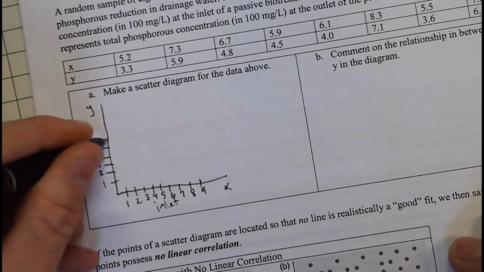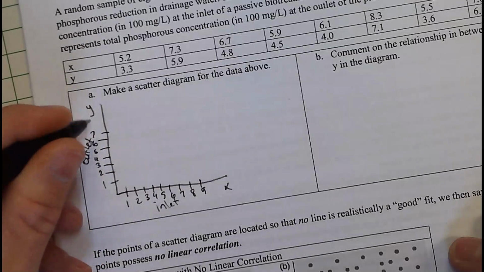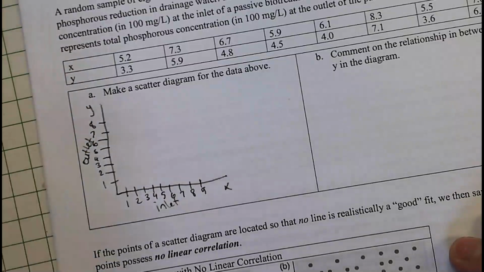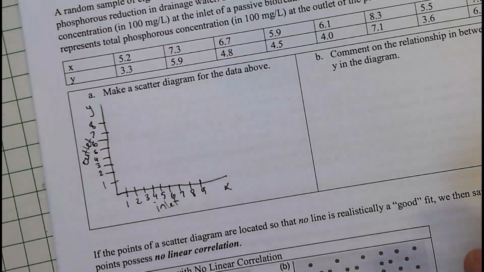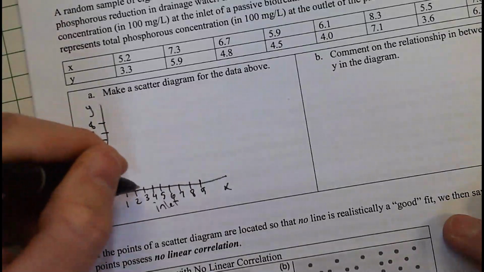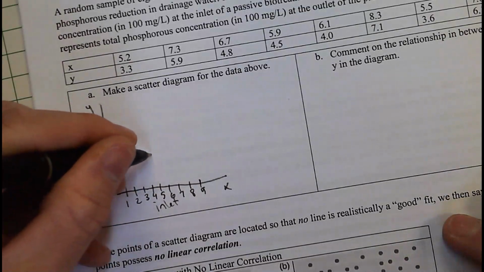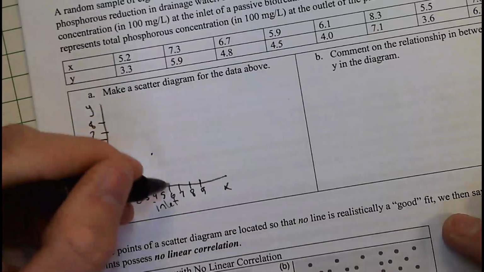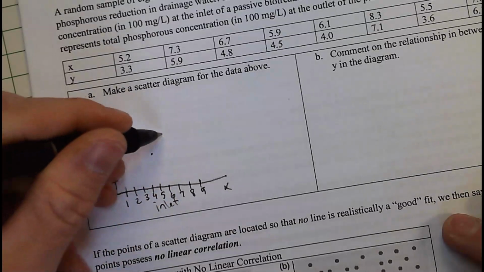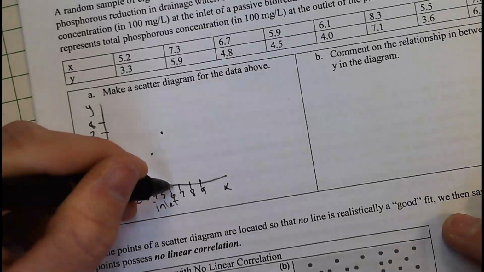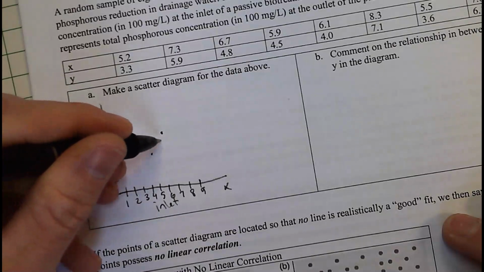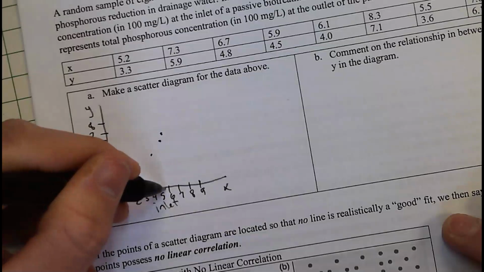And so what we're going to do is see what the correlation looks like. And then you plot the points. So 5.2 and 3.3 are in there. 7.3, 5.9, 6.7, 4.8. Okay, 5.9, 4.5.